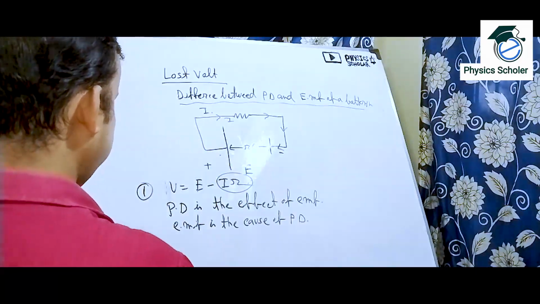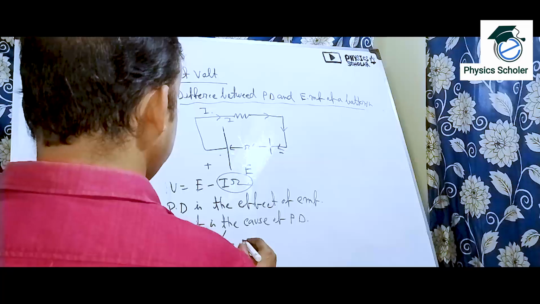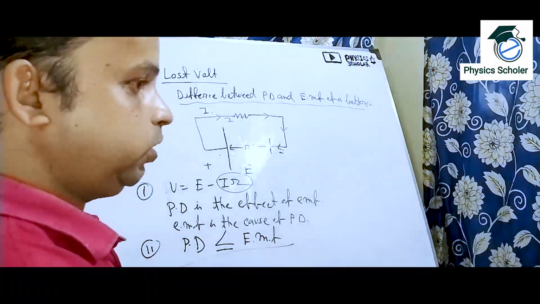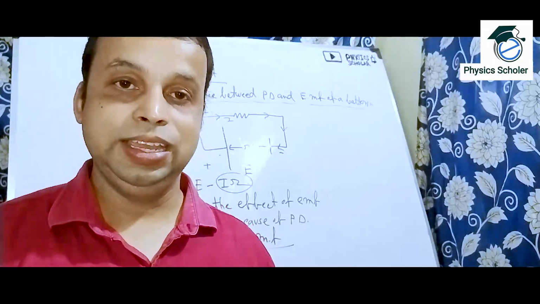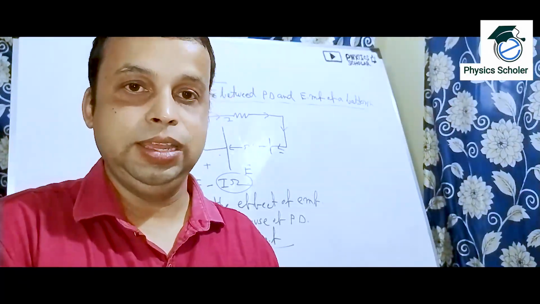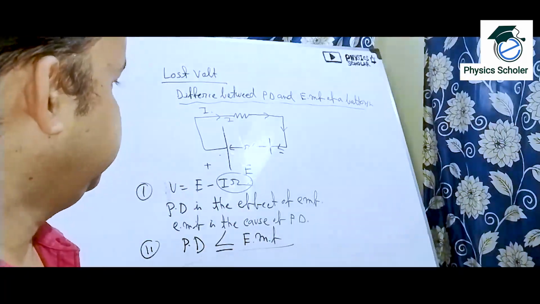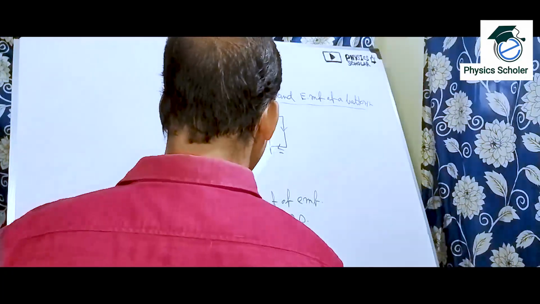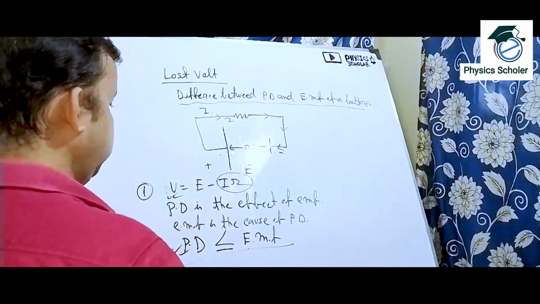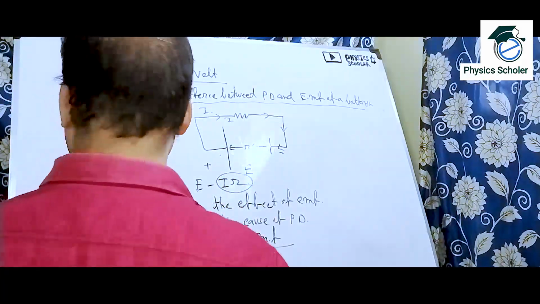The potential difference should be less than or equal to the EMF of the battery. It will be either equal when it is not connected, or less than the EMF. So these are basically the two major differences between the potential difference and EMF of a battery.